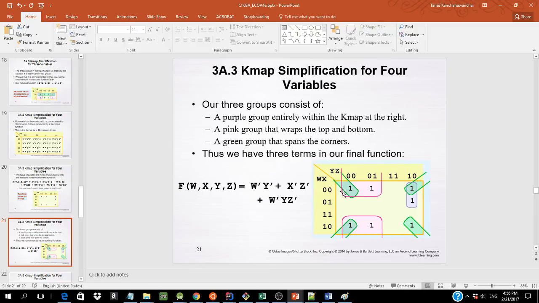So now let's look at the pink. In common is what? W is not, X is, right? So X bar, right? Is that right? 0 and 0, right?